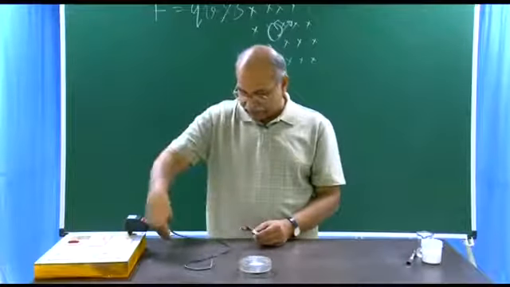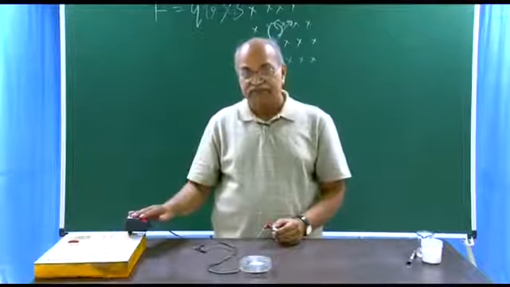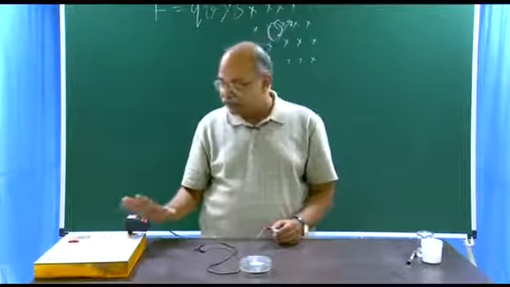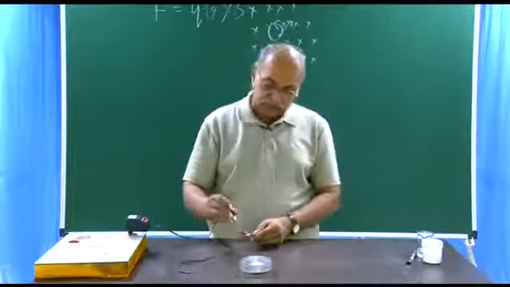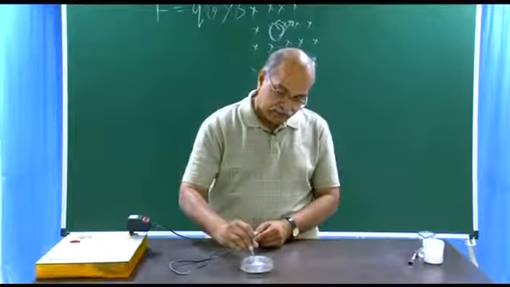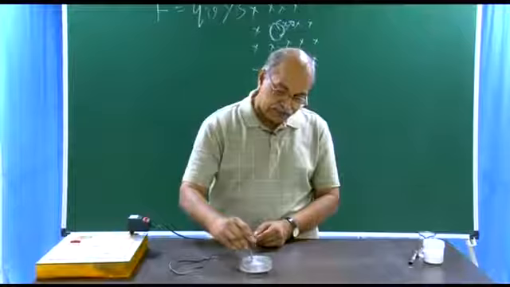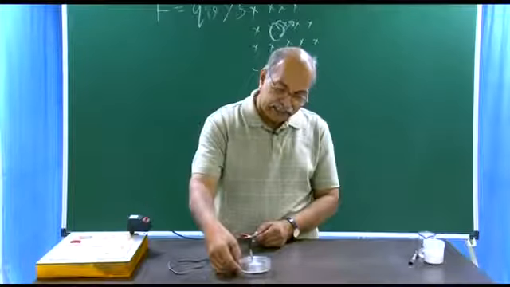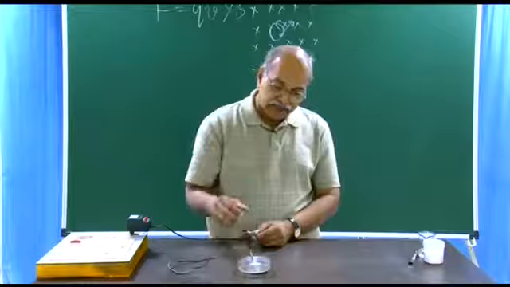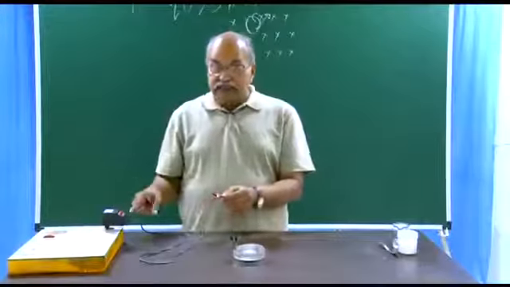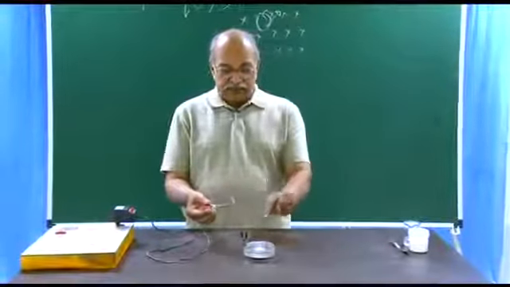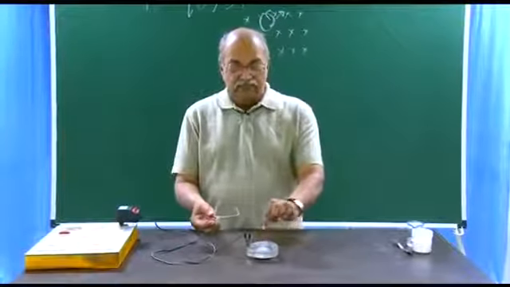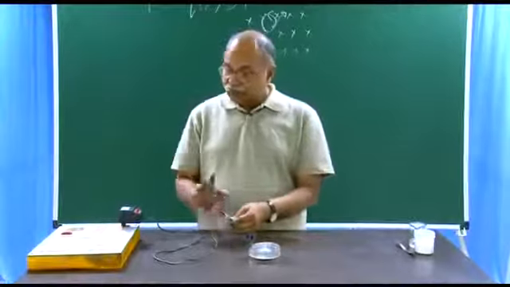I have an adapter which gives me some DC voltage, and I connect one end of the adapter to this aluminum ring, and the other end of this adapter is connected to this aluminum plate, which I will be placing at the middle. So, what will happen?